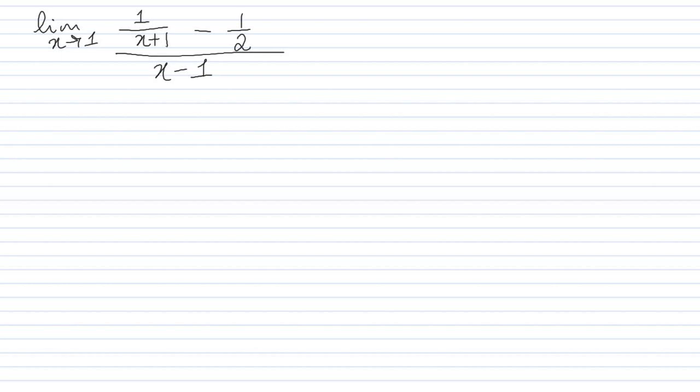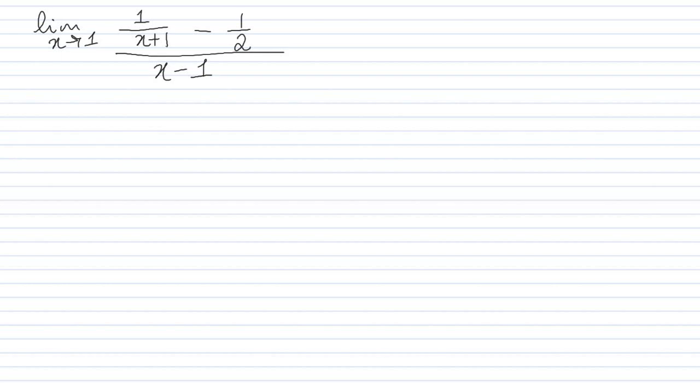So I'm going to rewrite the question here. You have limit as x goes to 1 of 1 over x plus 1 minus 1/2 divided by x minus 1.